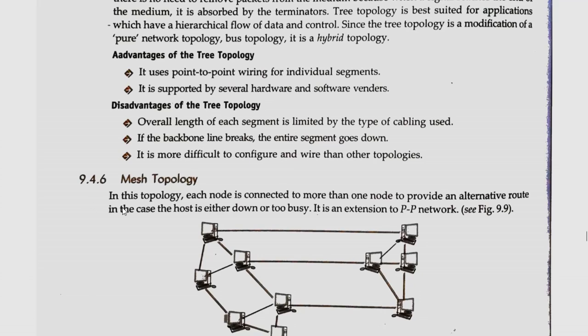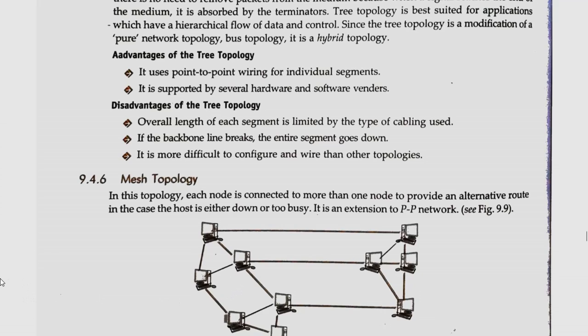Next, the mesh topology. In this topology, each node is connected to more than one node to provide an alternative route in case the host is either down or too busy. Earlier we had each node connected to a single node, but here each node is connected to multiple nodes.